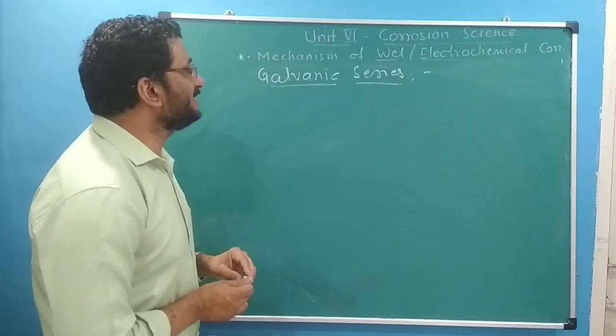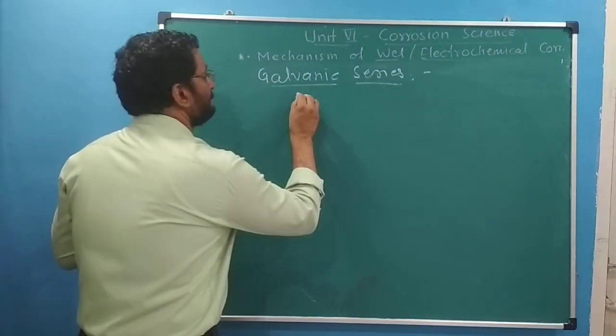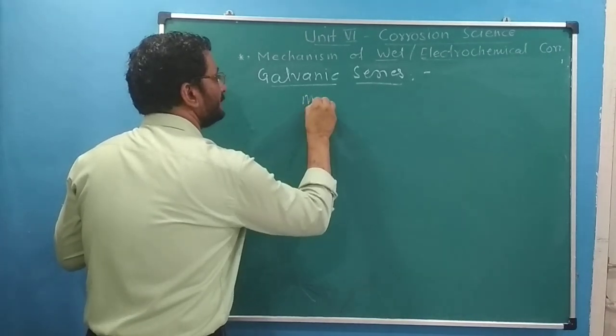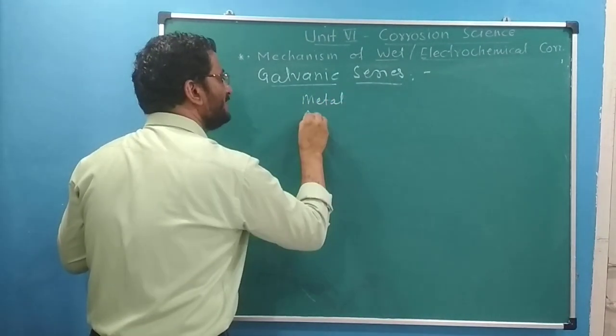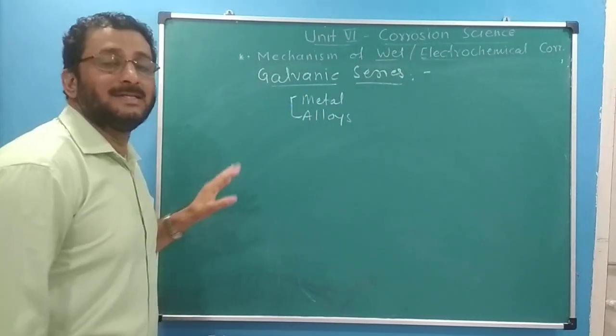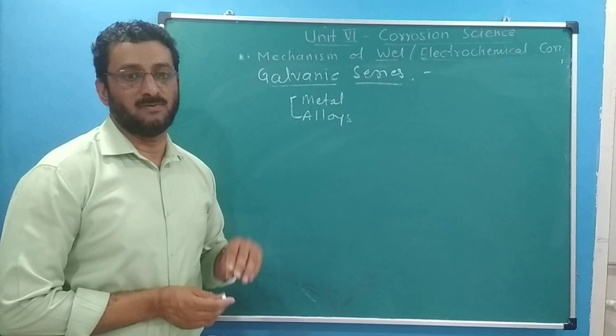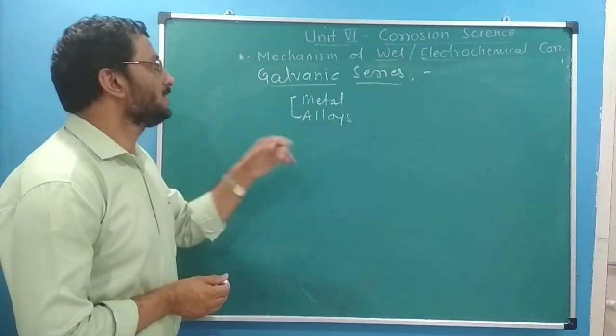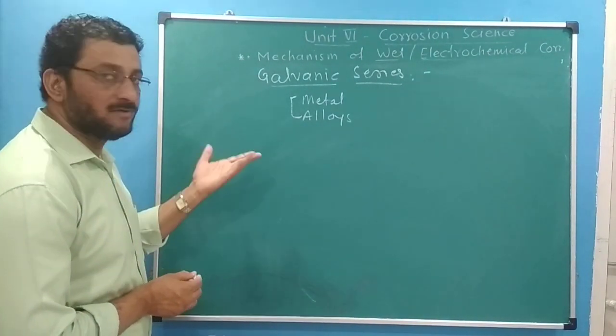Now what is the galvanic series? In the galvanic series, they have given position to metals as well as alloys. This drawback is removed. So all the drawbacks of the electrochemical series are removed by the galvanic series. Position is given to alloys also, apart from metals.